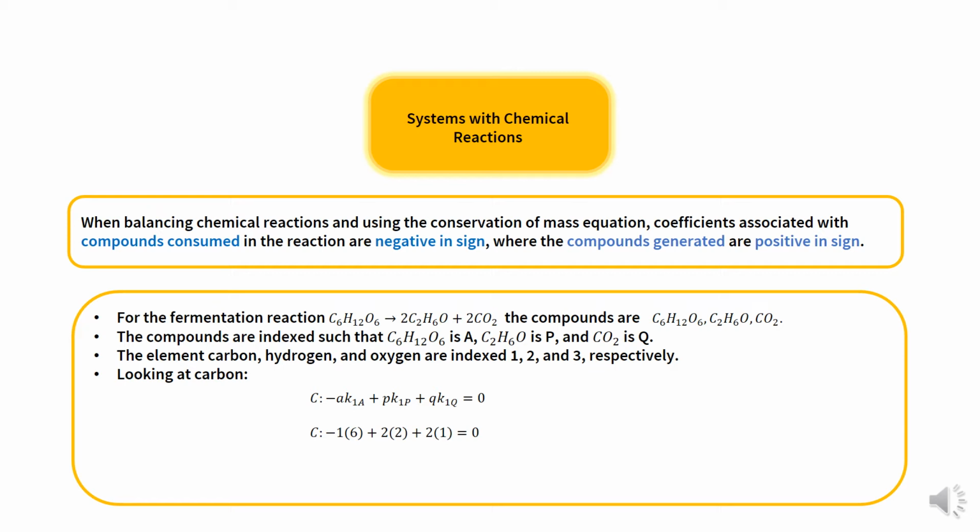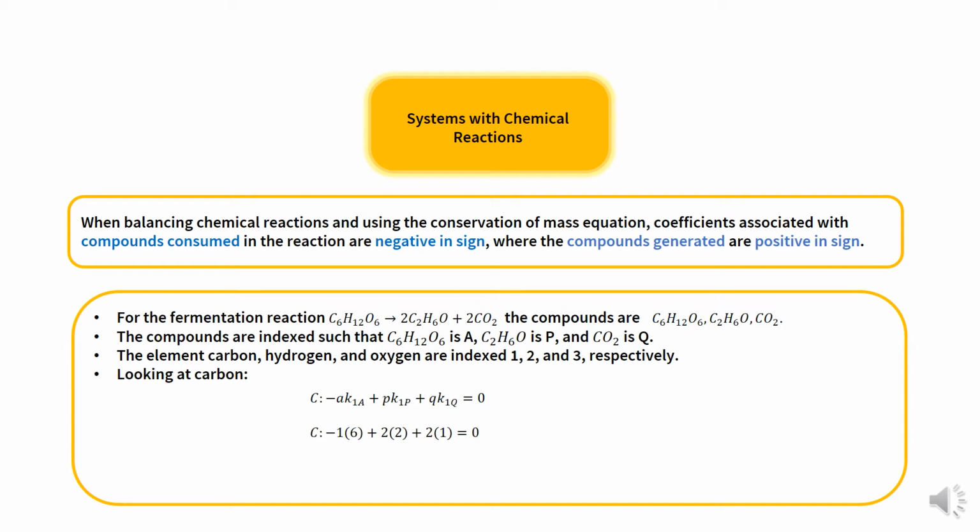For the fermentation reaction, where glucose is converted to ethanol and carbon dioxide, the compounds are glucose, ethanol, and carbon dioxide. The compounds are indexed such that glucose is A, ethanol is P, and carbon dioxide is Q. The elements carbon, hydrogen, and oxygen are indexed as 1, 2, and 3 respectively.